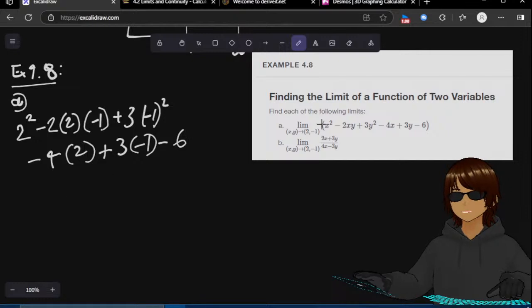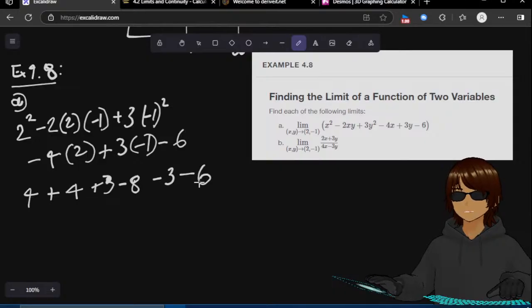So 2 squared is 4, minus, it becomes plus, so plus 4. And then what? Minus 1 squared, so that just becomes 3. Now 4 times 2 is 8. Minus 3 minus 6. So this and this cancel, this and this cancel. We are left with minus 6.